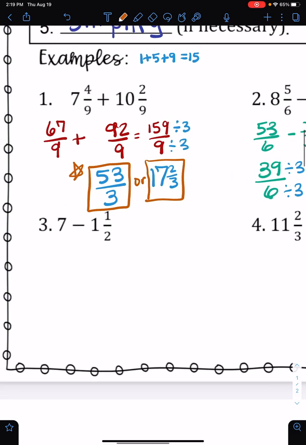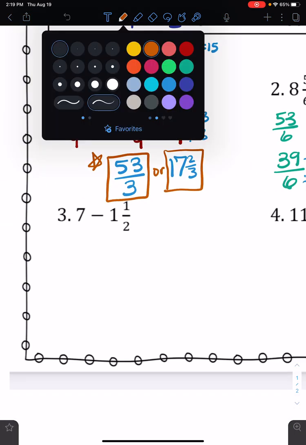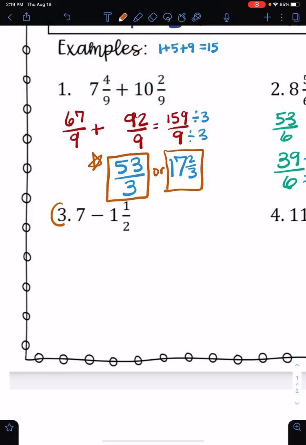For this next example, this is not 3.7, this is actually number 3. So if we have a whole number like 7, I'm going to make that 7/1. 1 1/2 is 3 halves, so I need a common denominator. A good common denominator for these two would be 2. So 7/1 becomes 14/2.